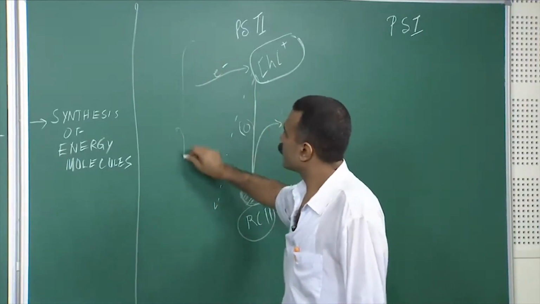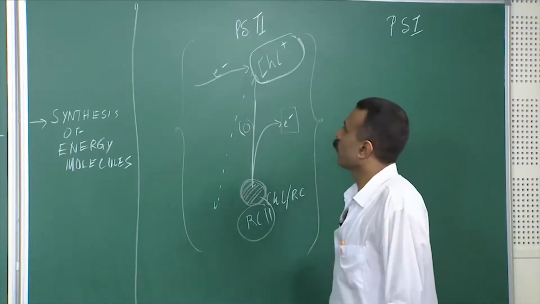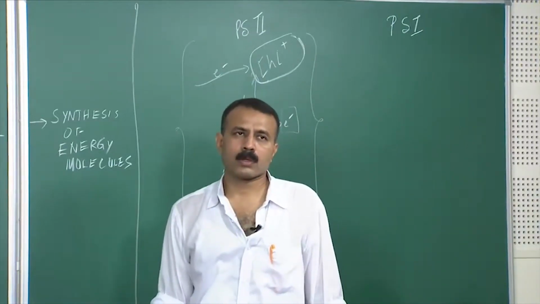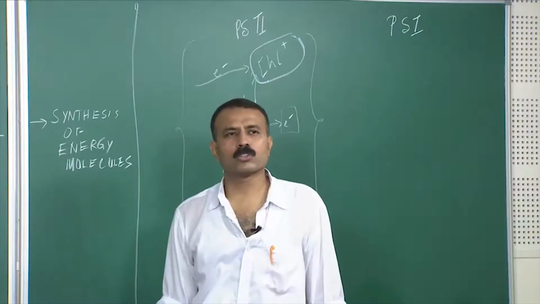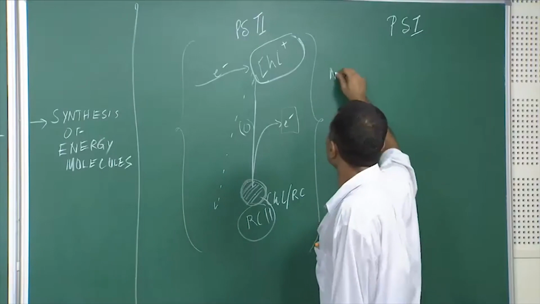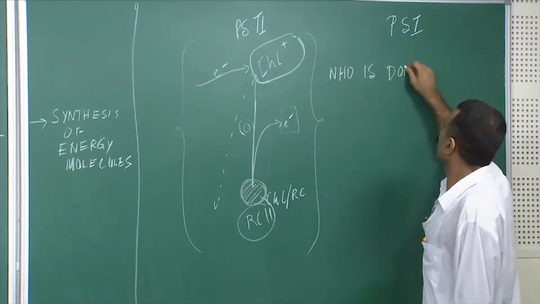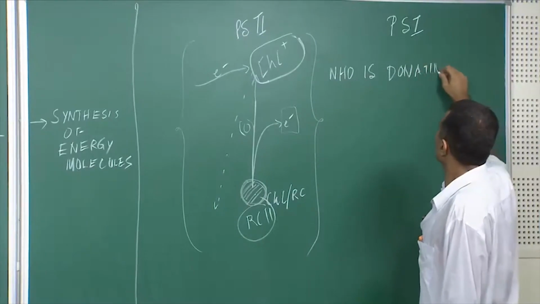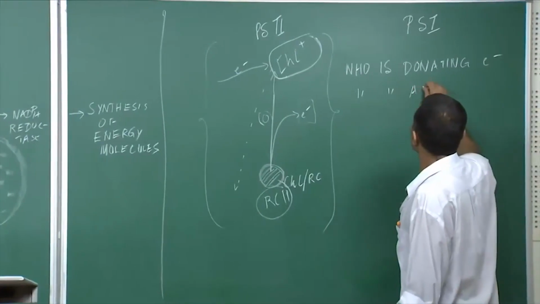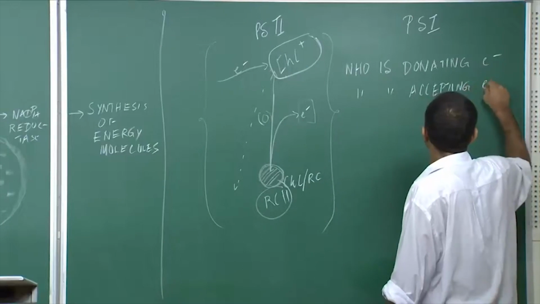As long as you understand this basic phenomenon of accepting an electron or getting oxidized and getting reduced, the whole photosystem 1 or 2 is all about who is, so remember this, who is donating electrons and who is accepting electrons.